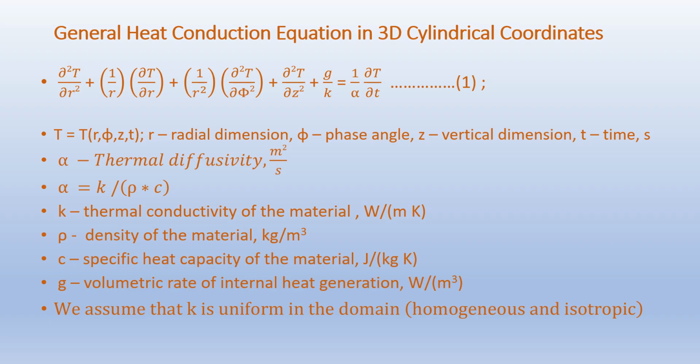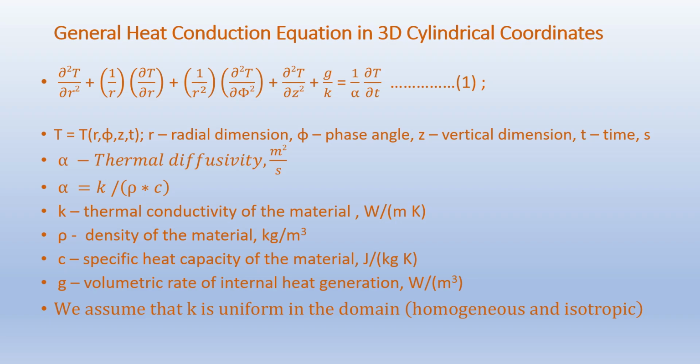r represents the radial dimension, phi the phase angle, z the vertical dimension, and t represents the time in seconds. Alpha is the material property called thermal diffusivity, given in meters squared per second, and alpha equals K over rho C, where K is the thermal conductivity of the material in watts per meter Kelvin, rho is the density of the material in kilograms per meter cube, and C is the specific heat capacity of the material in joules per kilogram Kelvin.